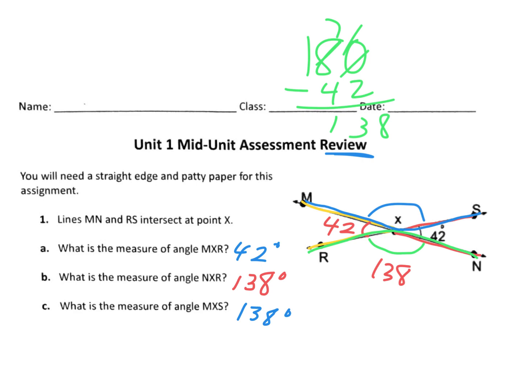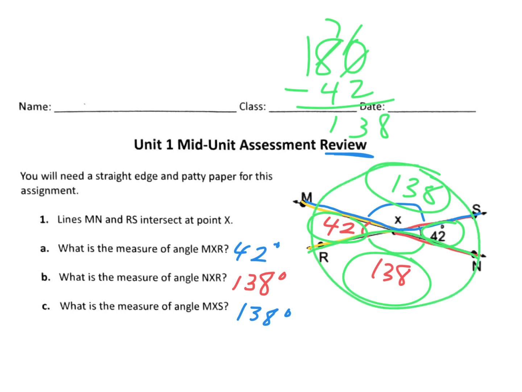Another cool thing is if you were to add all of these measures together, the 138, the 42, the 138, the 42, all of those together would add up to 360 degrees. They make a full circle.